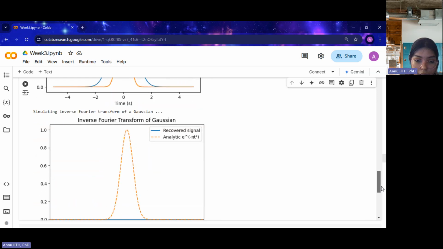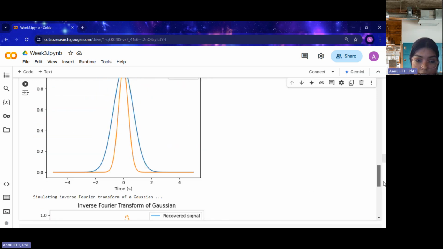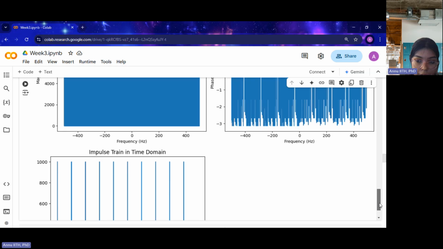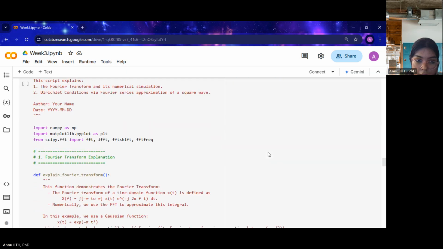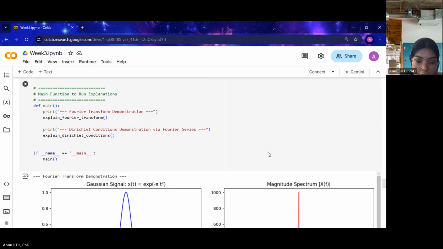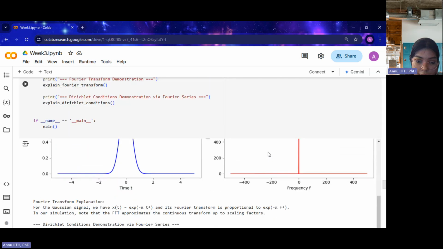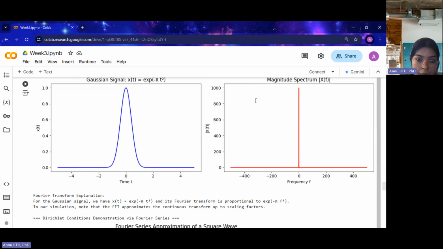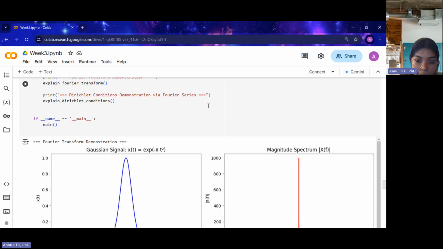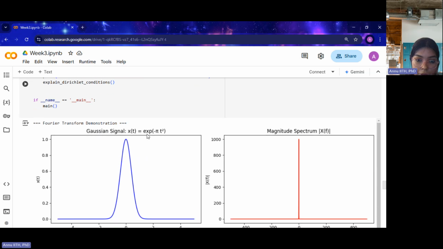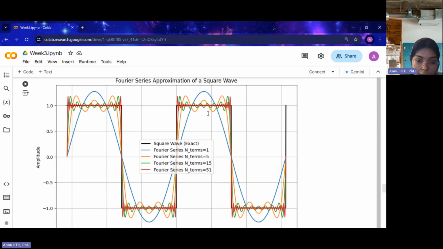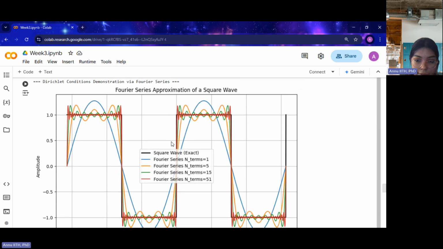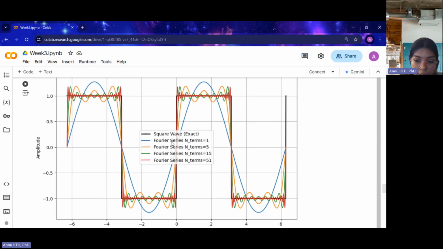So inverse recovered signals are same as analytical in this impulse train. Very good thing to note. Gaussian signal, as we know, the Fourier transform of Gaussian is Gaussian for magnitude spectra. So this is very interesting to note.